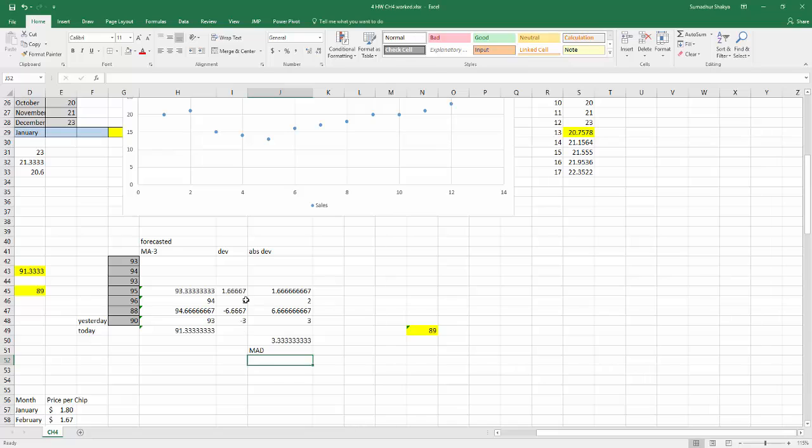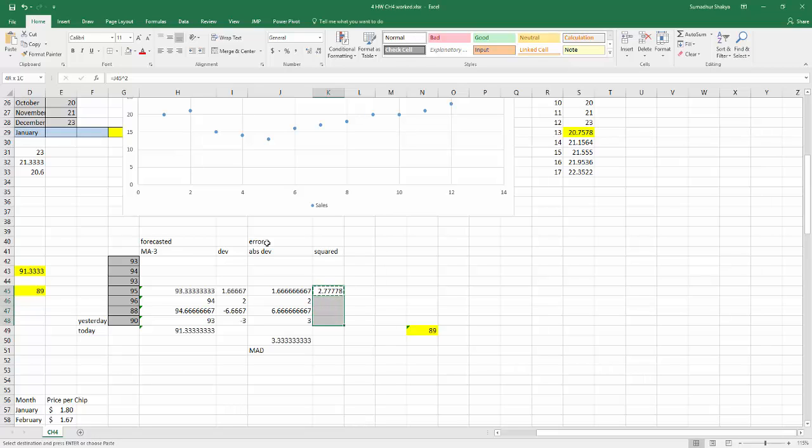Now this absolute deviation is also called error, and we can use it again. The next thing we have to do is mean squared error. Since this is the error, you can use it again and raise it to the power 2.